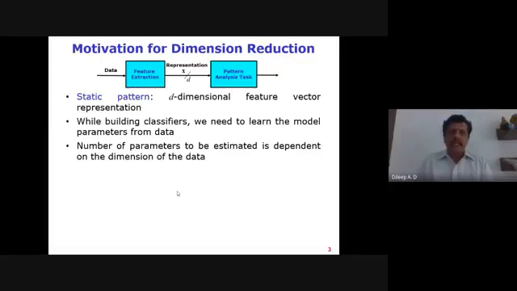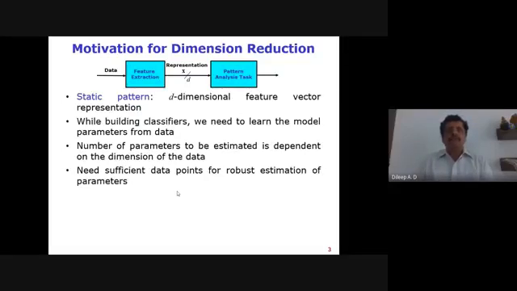The number of parameters to be estimated for any of the classifiers, whether it is a neural network or the support vector machine or any other classifier, depends upon the dimension of your data. If the dimension of the data is very large, then a large number of examples is needed in order to efficiently learn the parameters for the classification model.